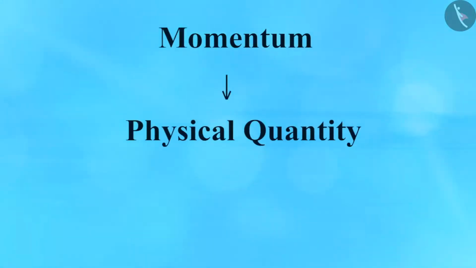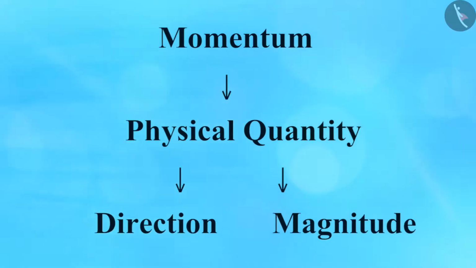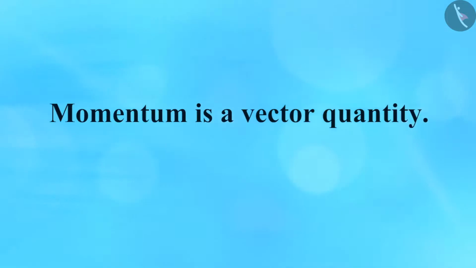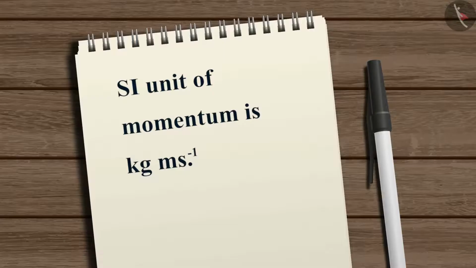Momentum is a physical quantity that has both direction and magnitude. The direction of momentum is the same as that of velocity. Momentum is a vector quantity. The SI unit of momentum is kilogram meter per second.